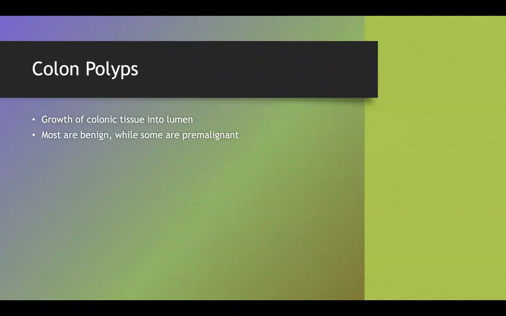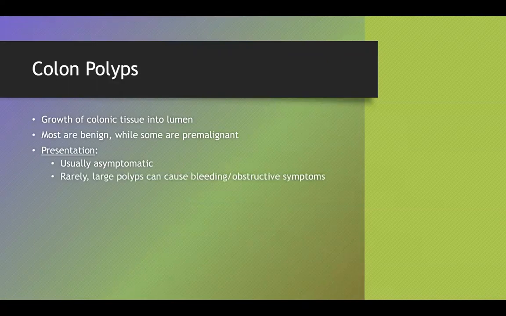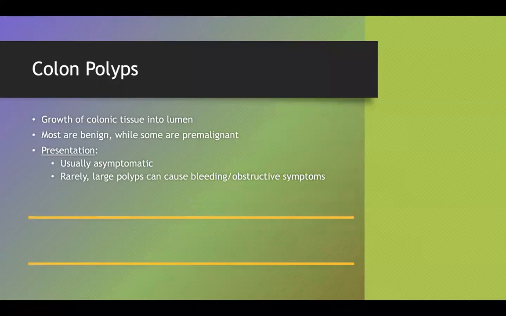Most of these polyps are benign, but you have to remember some are pre-malignant. It usually presents asymptomatic. It's often just caught on a screening colonoscopy. But sometimes larger polyps can cause bleeds or obstructive symptoms. And so if this is our lumen, this is what some polyps might look like, just popping out into the lumen.